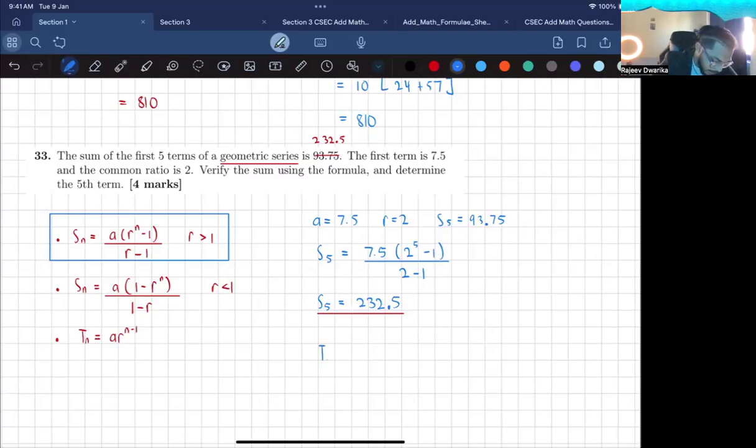So I would say T of 5 is equal to 7.5 by what's the ratio? 2 to the power of 5 minus 1. And it's supposed to get 120. Exactly 120. Yeah. Okay, good.